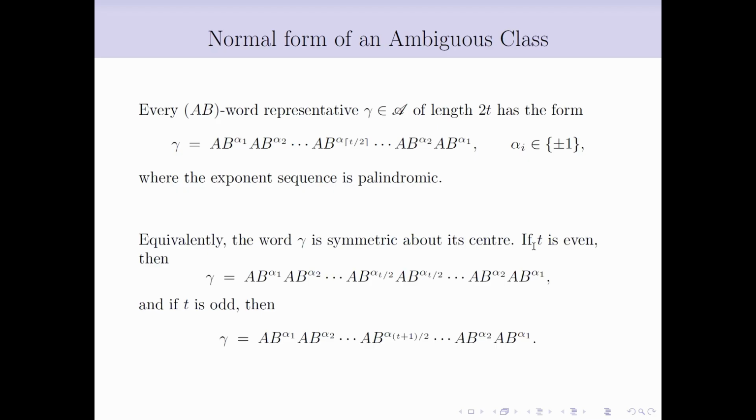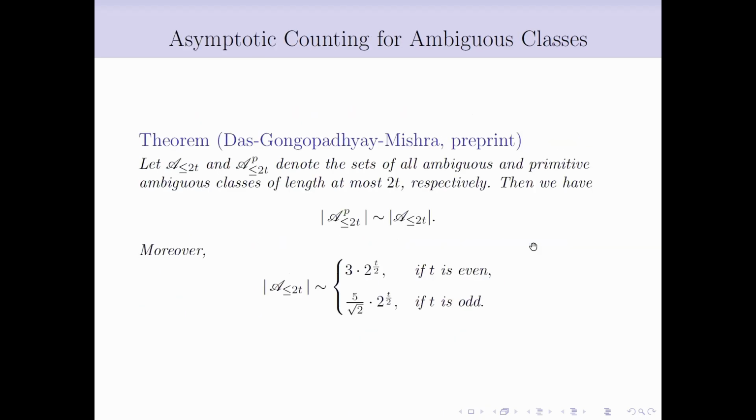Now, there are two cases. Either t can be even or t can be odd. And depending on that, the normal form changes. So then using this normal form, we count these classes again, and we obtained the asymptotic count for all ambiguous and primitive ambiguous classes of length at most 2t.